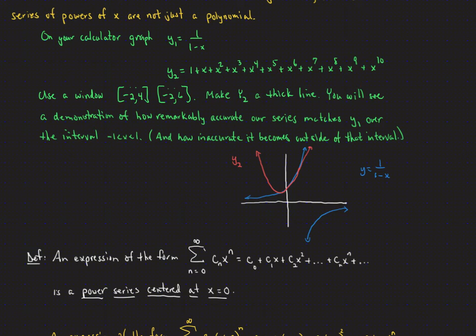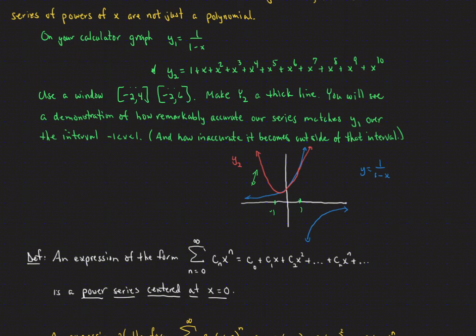When you hit graph, the first thing you're going to see is what I have drawn here in blue. That's our function y equals 1 over 1 minus x. Then you'll see chugging along your thick line, our 10th degree polynomial approximation, which you'll see is not even close out here because we're outside of negative 1 to positive 1. But once we get close to just past negative 1, it's going to be remarkably close.